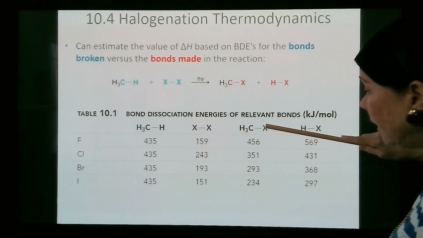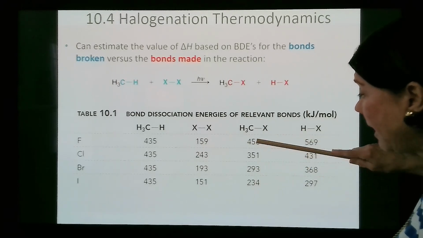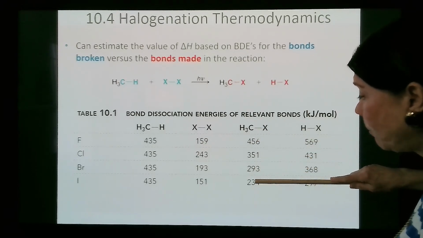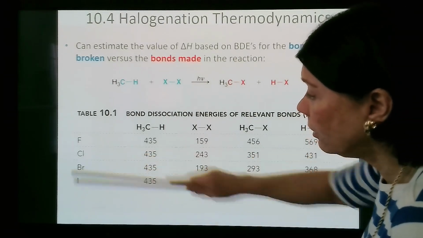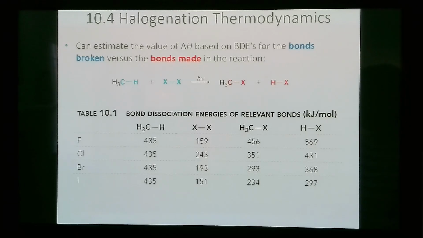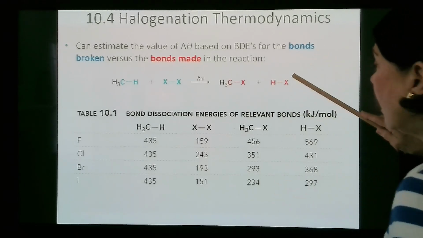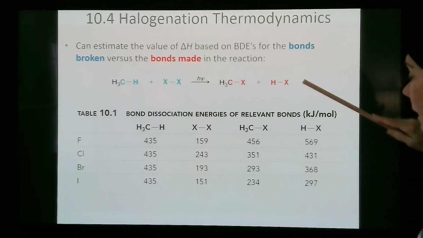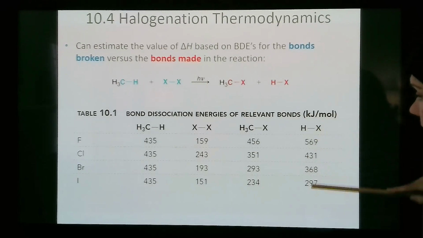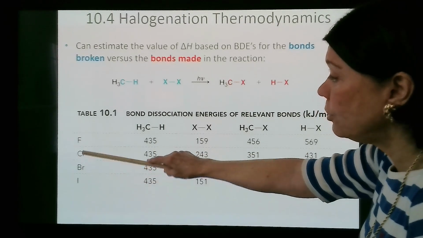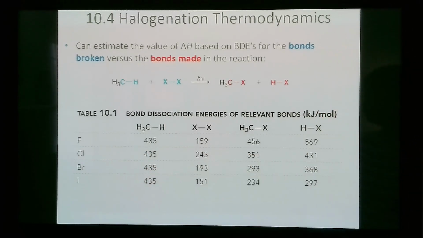And so here once again is the halomethane column, and these values correspond to the values when you are using those different halogens. And then here you've got a hydrogen halide, and here's the column for the BDEs of the hydrogen halides when you have those four different halogens.